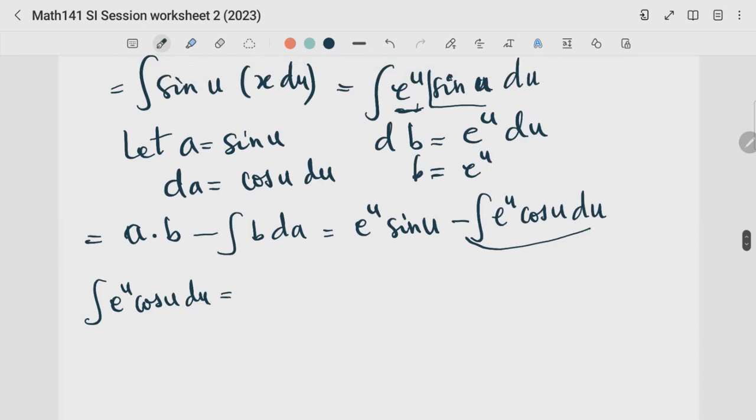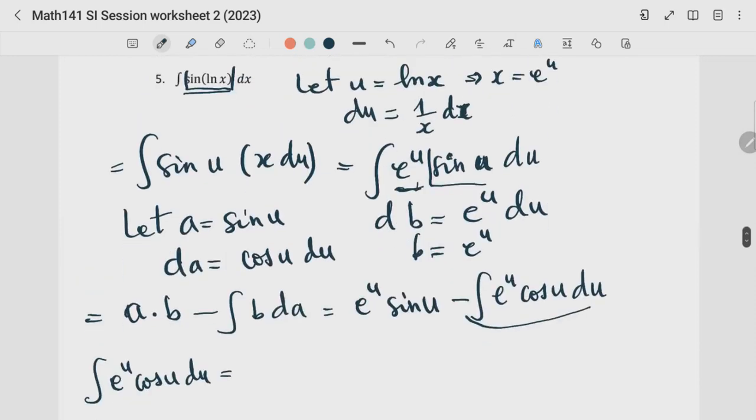Obviously, as you can see, there's a pattern here, right? Before we had e to the u sine u, now we have e to the u cos u. And for those who were here in our session last week, I was saying that when you have to do integration by parts twice under the same question, it's always recommended to stay consistent.